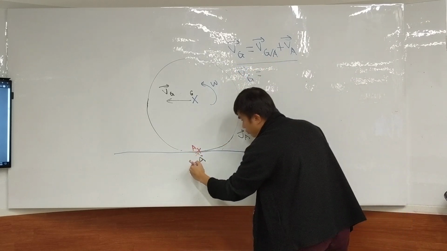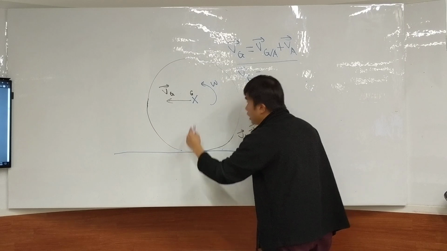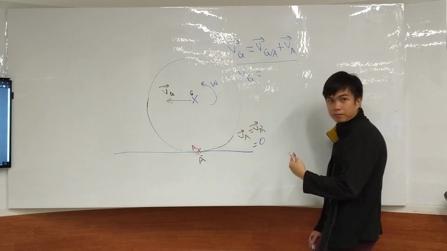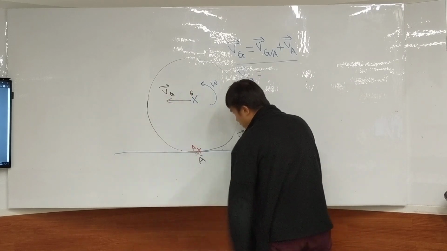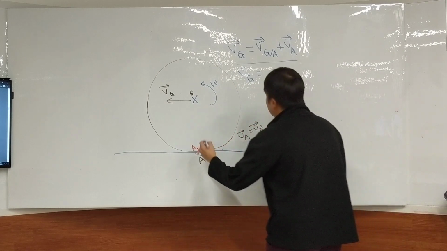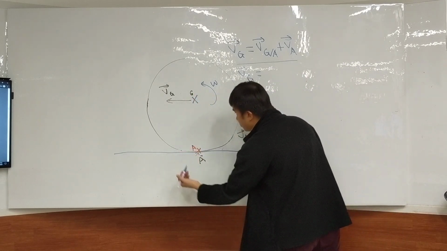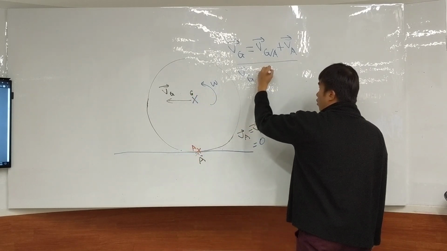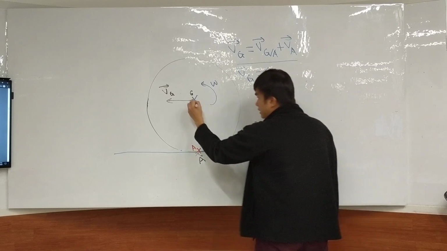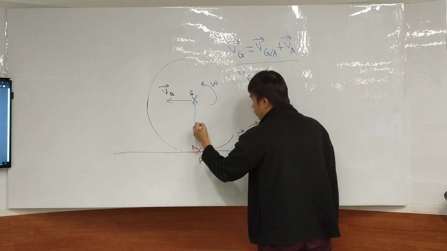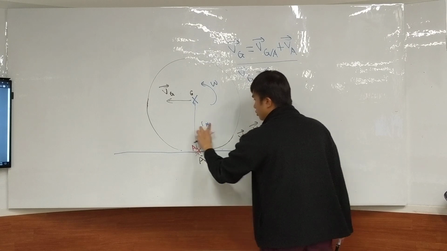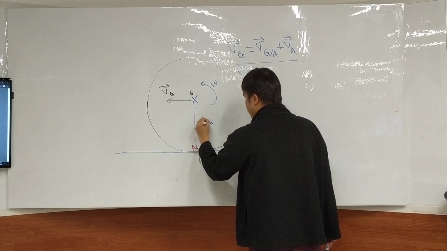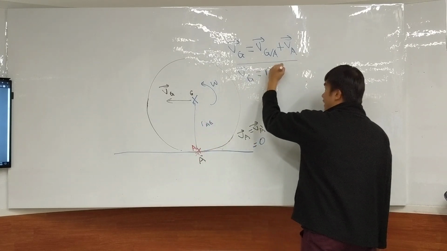Now, velocity of G with respect to A. From A's perspective, what is G's motion? From A's perspective, G is going in circles about A, because it has a fixed distance. So in that case, we know that V_G/A is equal to r_AG, in other words the distance from A to G, times omega.